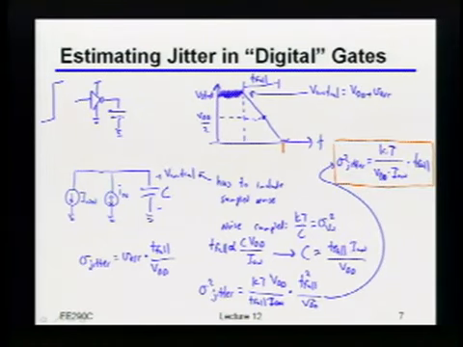So we went through a little bit of math to put this into a slightly different form. But at the end of the day, if we looked at the variance of our timing jitter, it was, as you might expect, related to kT times whatever your edge rate was, divided by something that looks like a power consumption.